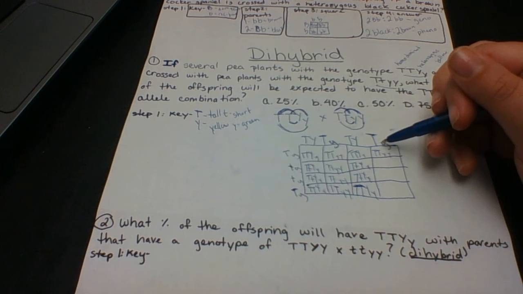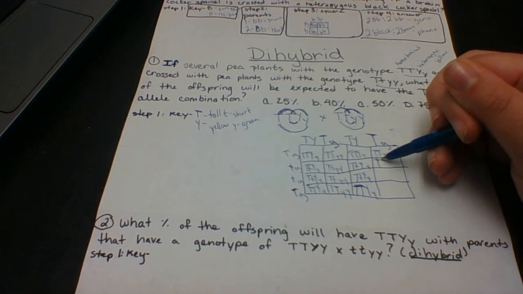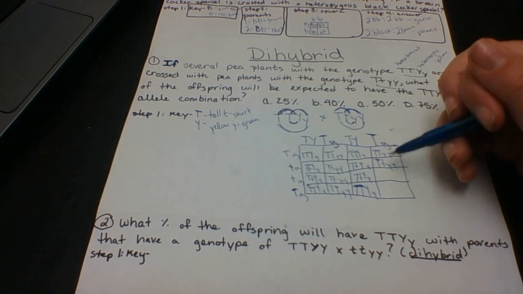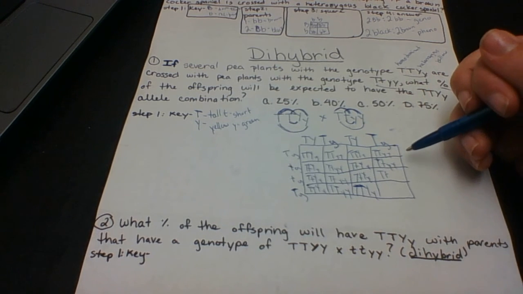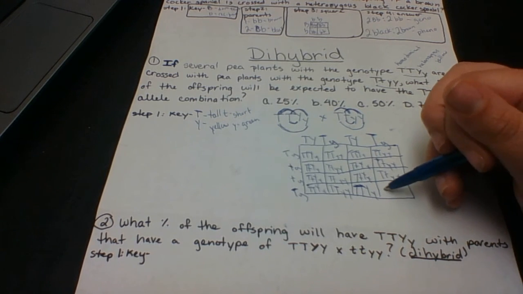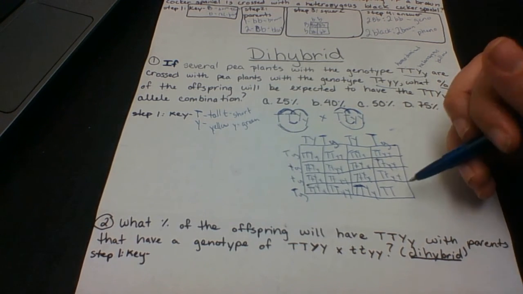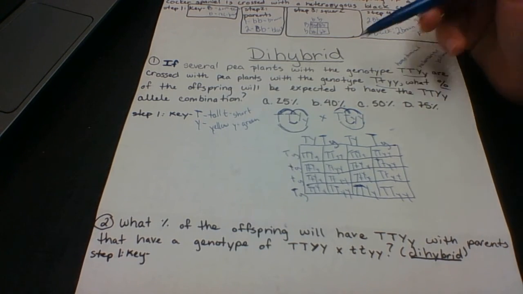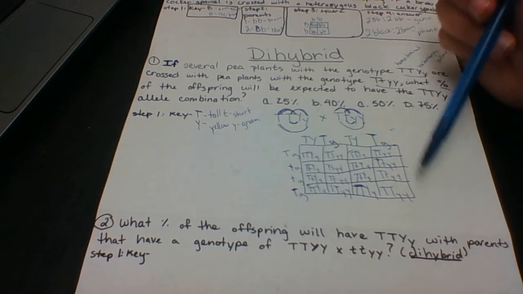Okay, we're going to make it big T, little y, little y. Big T, little y, little y. And big T, little y, little y. All right? So we finished our Punnett square.